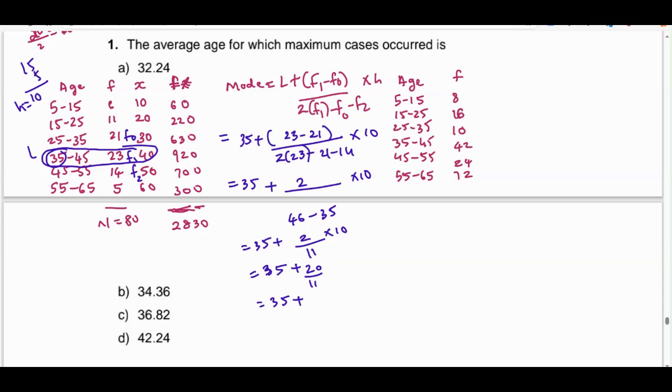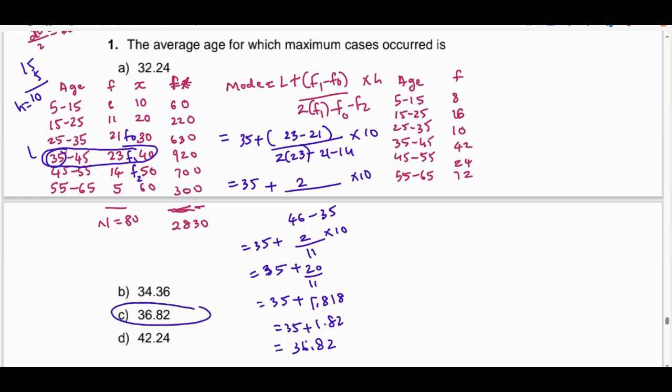You can do it by normal division. 20 divided by 11 will be 1.818. We can write it as 35 plus 1.82. So that will be 36.82 is the answer. So that is your 36.82, option number C.